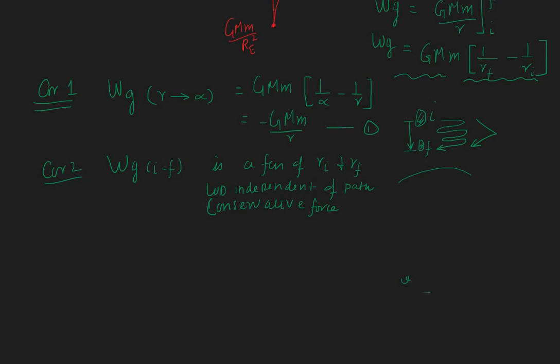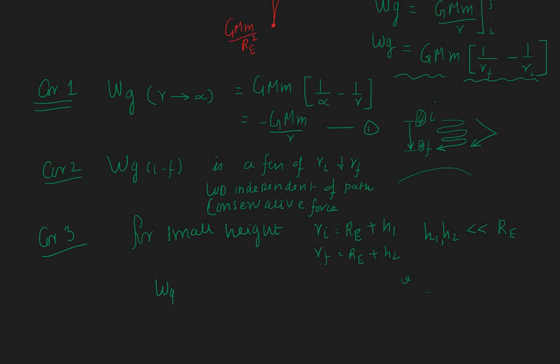Your corollary 3 is for small height, that is, your Ri is Re plus H1 and Rf is Re plus H2, and H1 and H2 are way smaller than Re, right?